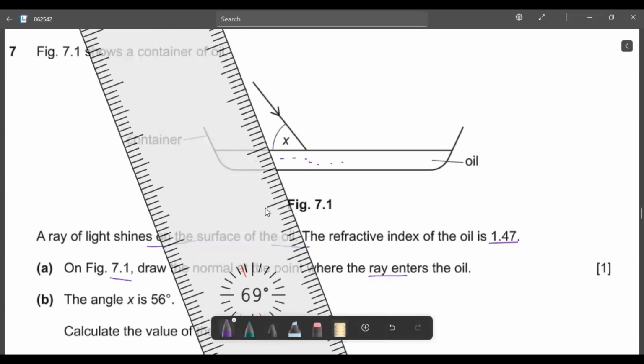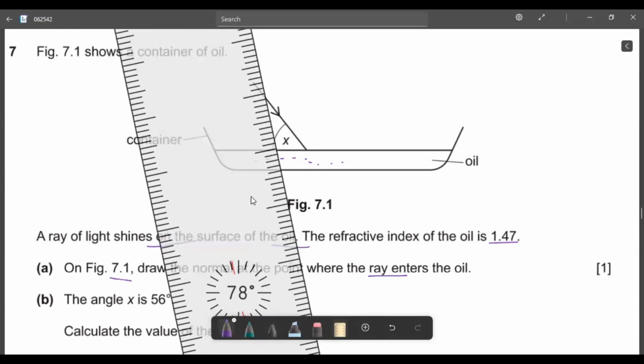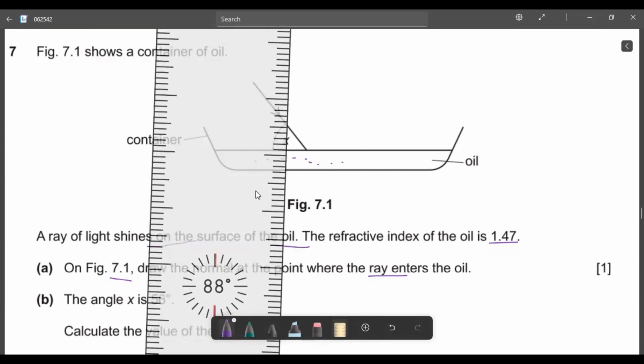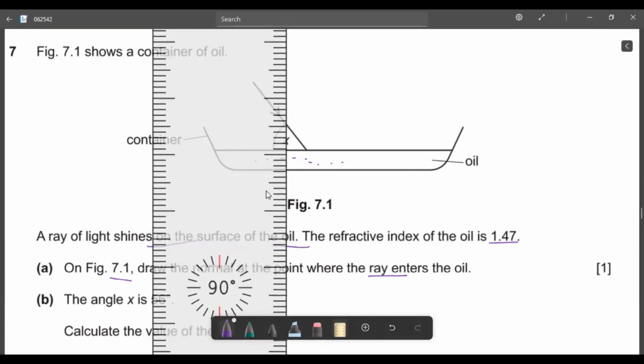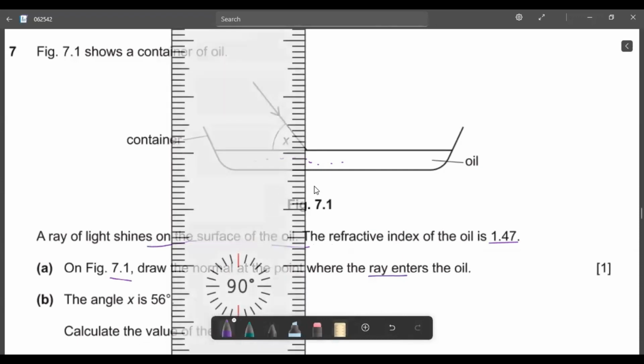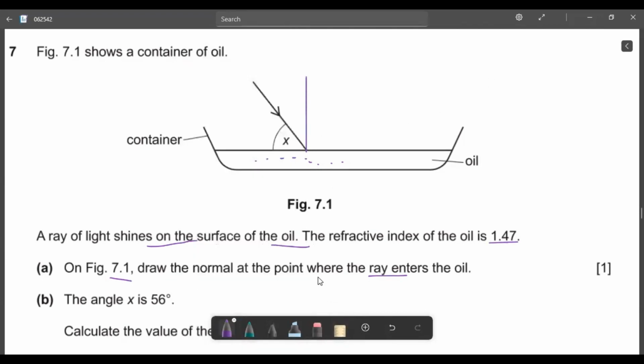So this is the normal. We have drawn the normal line.